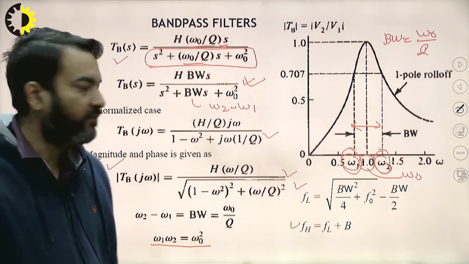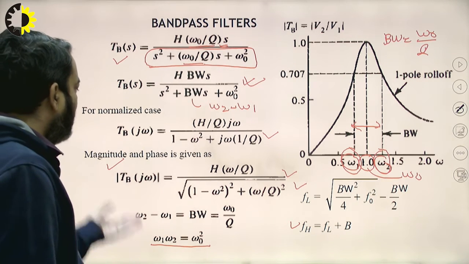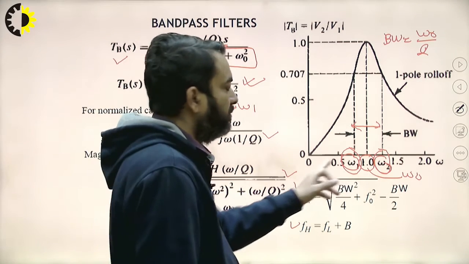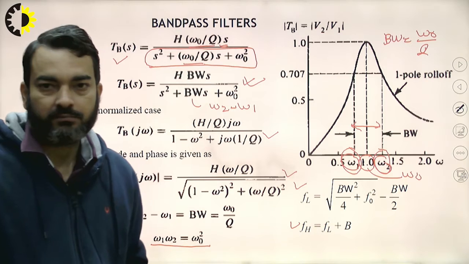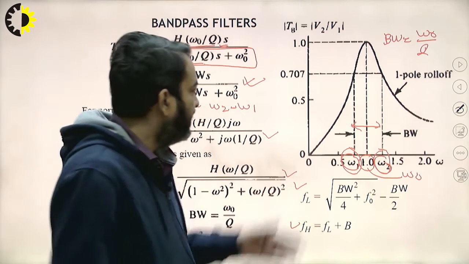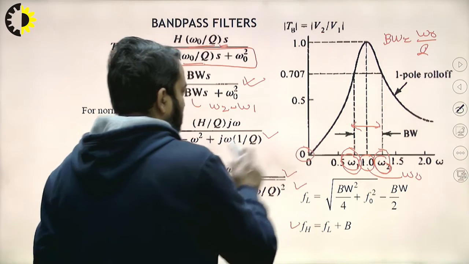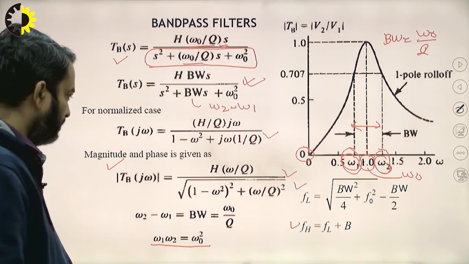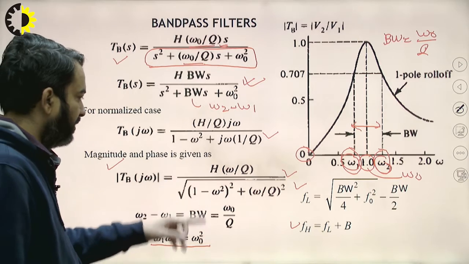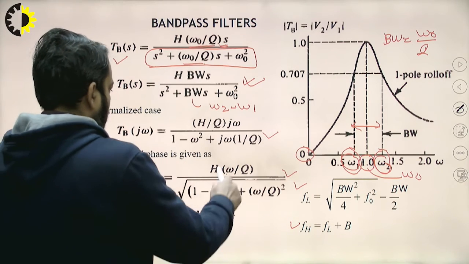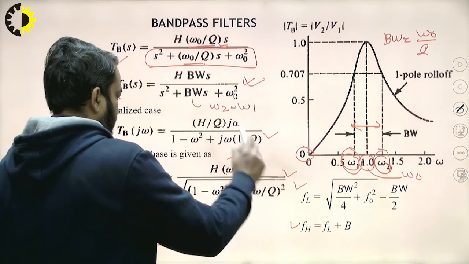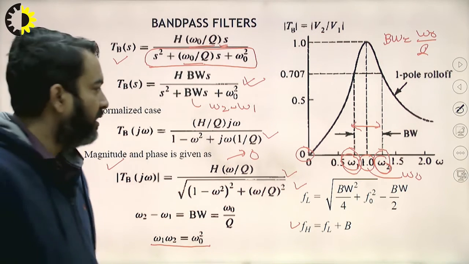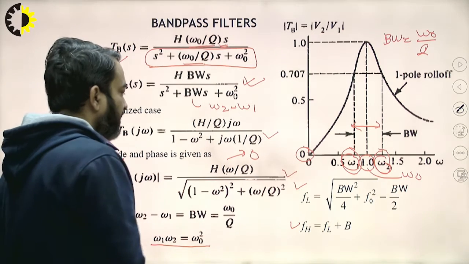So here again we can verify. Let's say what is the gain at omega is equal to 0. By the diagram it is clear, at omega is equal to 0, transfer function gain should be 0. So if we put omega is equal to 0, this is simply 0. Omega is equal to infinite, again the transfer function gain will be 0.